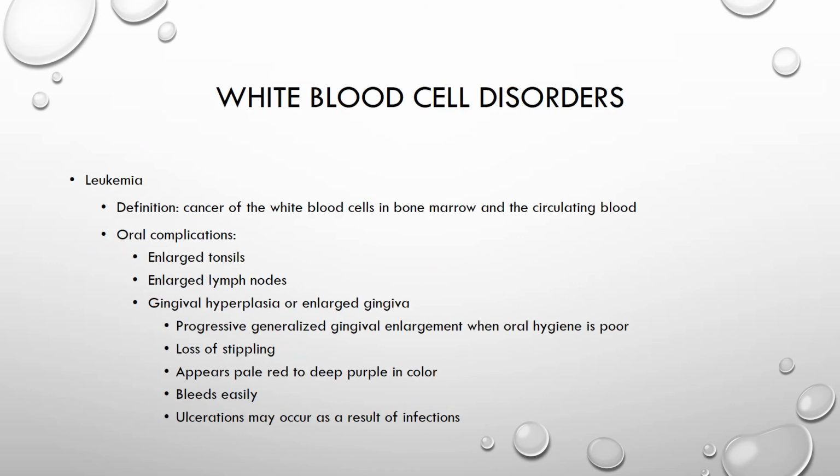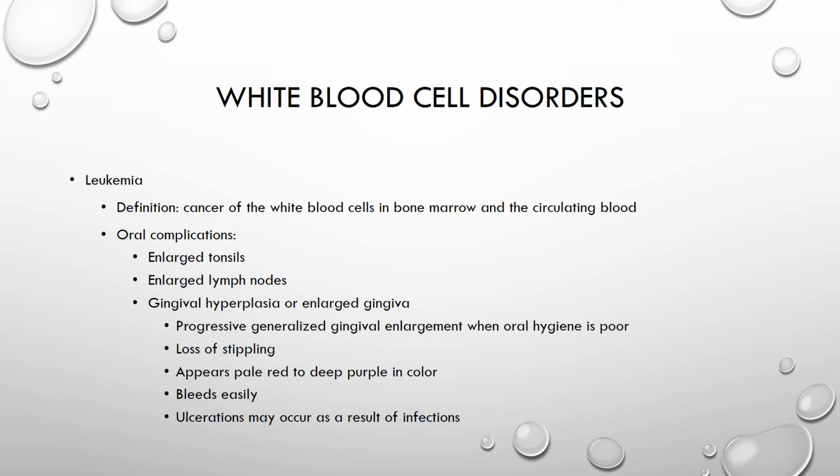Then we have white blood cell disorders, which include leukemia, which is actually cancer of the white blood cells in bone marrow and the circulating blood. This can have oral complications such as enlarged tonsils, enlarged lymph nodes, gingival hyperplasia or enlarged gingiva, progressive generalized gingival enlargement when oral hygiene is poor, so try to encourage the patient to have excellent dental hygiene.